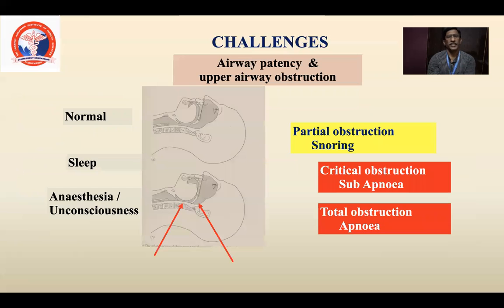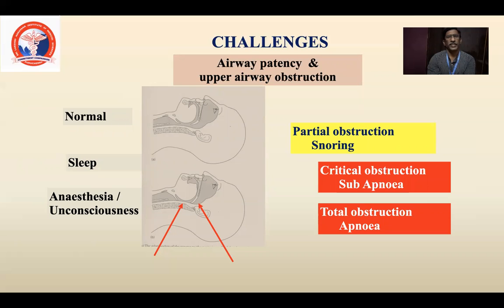Coming to airway patency and upper airway obstruction. If the patient is sleeping, the tongue may fall against the posterior pharyngeal wall. The soft palate may touch the nasopharynx, thereby causing airway obstruction.